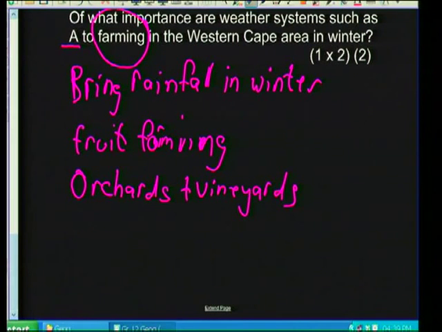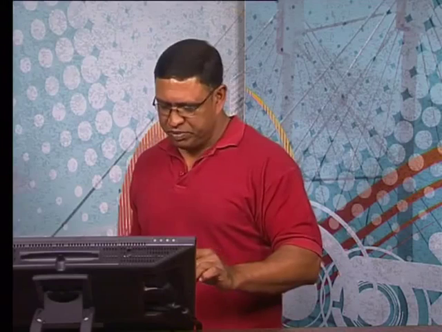You stick to your studies, no vineyards for you. So just things like this. There's various other options also in terms of dams getting filled up. You understand? So there's stored water for the summer time when there's no rainfall. So there's various things. And of course, if I'm going to write all this, as I say, I'm not going to finish more questions. So you get 2 marks for any one. And in fact, filling of dams, storage of water, all those answers will give you 2 marks. Just one of them. Okay, let's look at the next question.